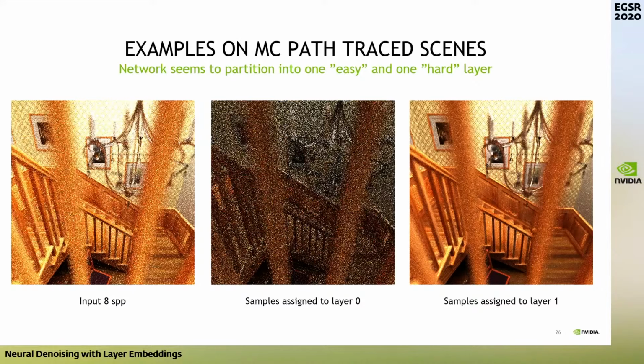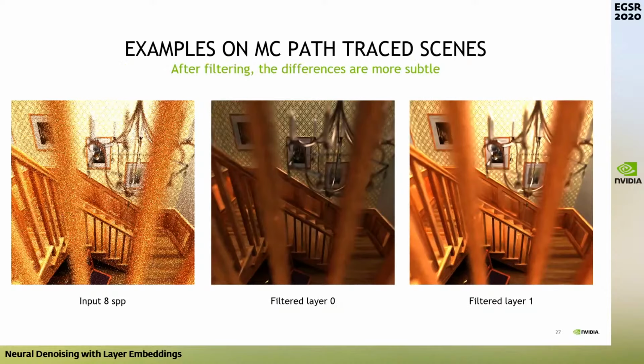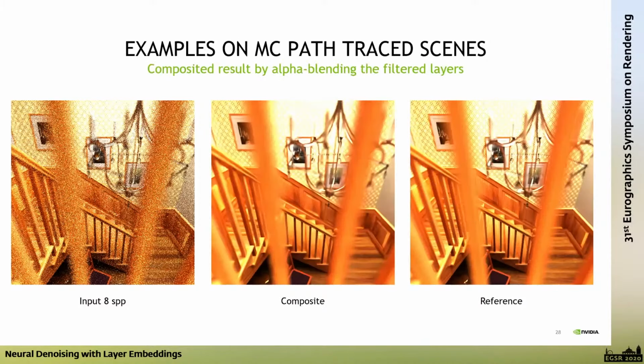We then apply the per layer filters, and you can see after filtering the effect is much more subtle. Finally, we show the composited result and the reference to the right. You can see that it's fairly close. So it seems that the network uses the freedom to isolate samples into different layers. That can be quite powerful, we think.